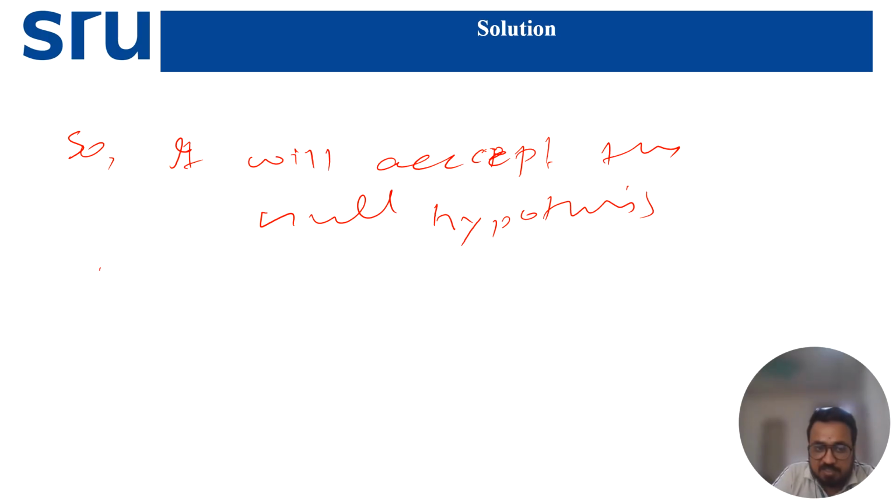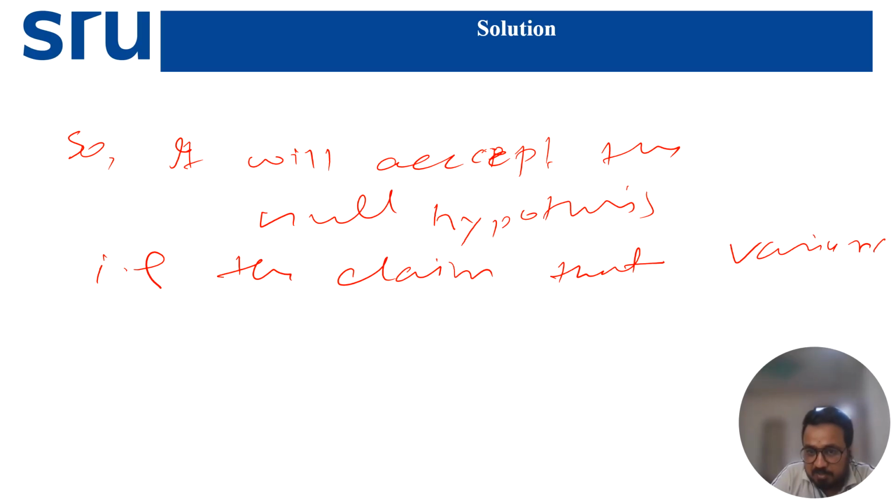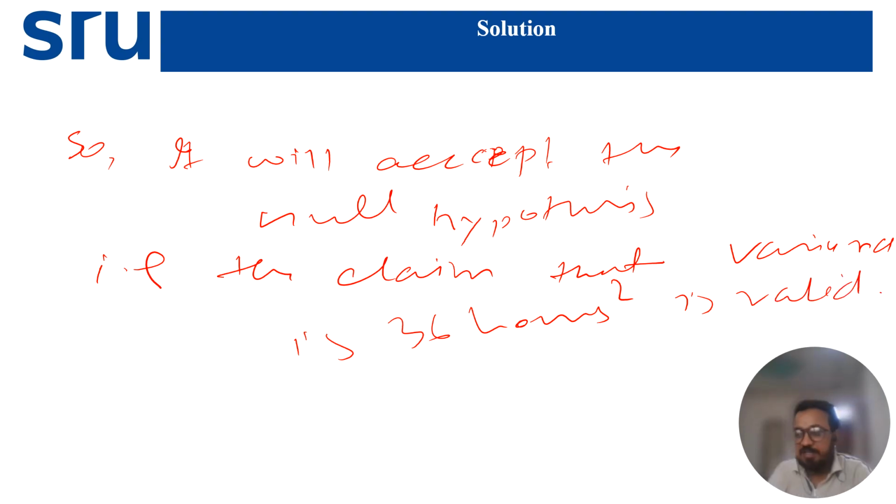That means the claim that the variance is 36 hours square is valid. So this is about the problem of hypothesis testing for variance of a normal population.